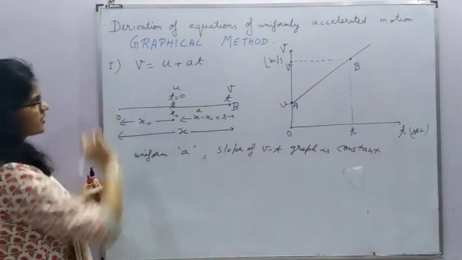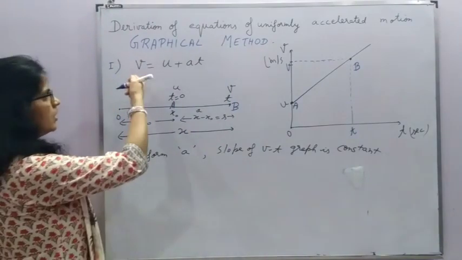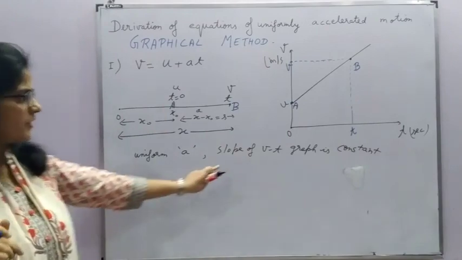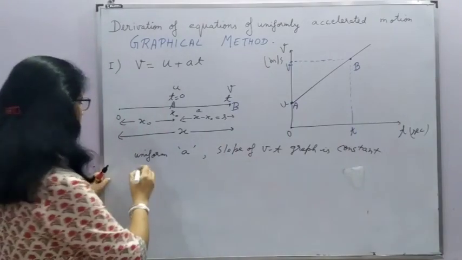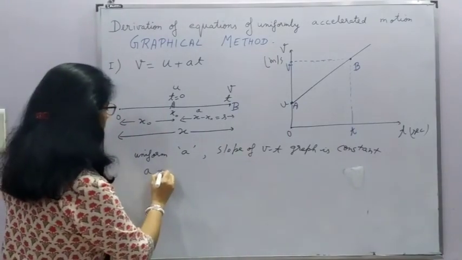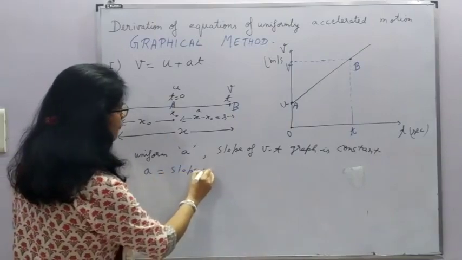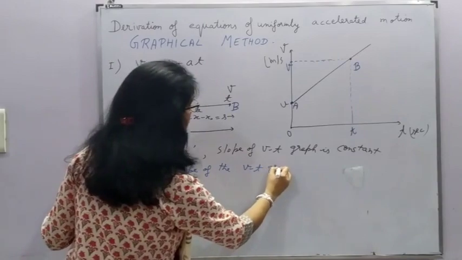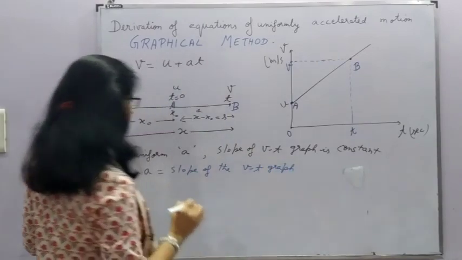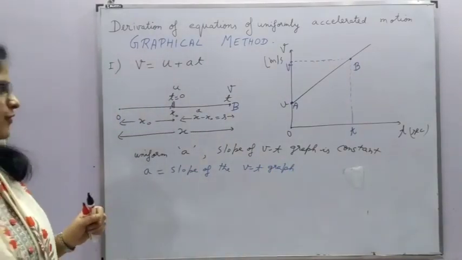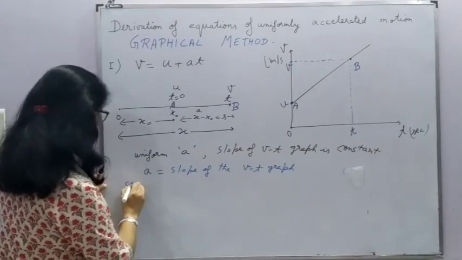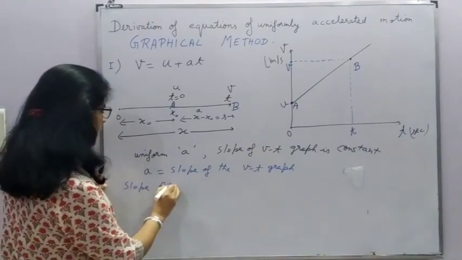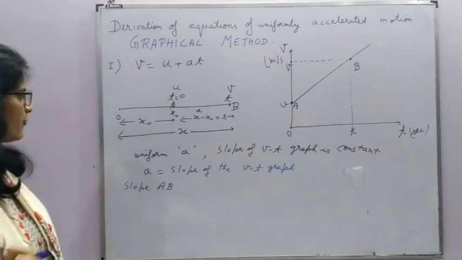Now let's consider its derivation. The derivation is taken from this concept, that acceleration is equal to the slope of the VT graph. So if I have to find the slope of AB, how will I find it?